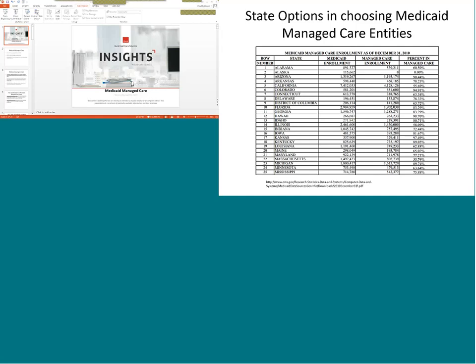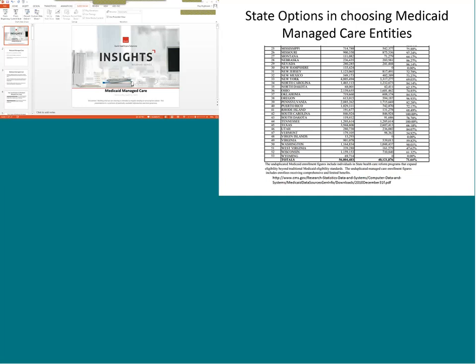There are a few others that have well over 1 million Medicaid enrollees, with proportionate enrollees also participating in a managed care plan. It's very interesting to see states like Kansas where just about all of the folks enrolled in Medicaid are in a managed care plan.